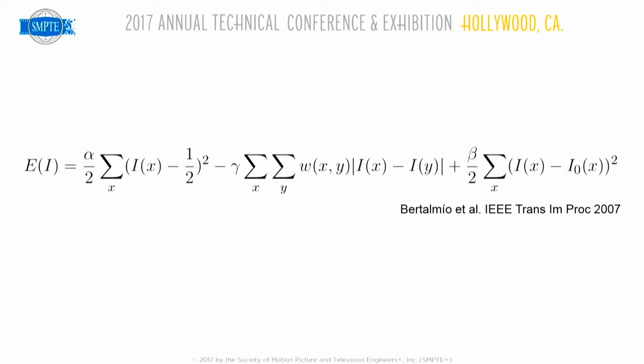W of x, y is just a weighting function that can be seen as a two-dimensional Gaussian. So the further apart x and y are, the lower these weights w are. And I0 in the third term is the original image. And then alpha, gamma, and beta are just constants.